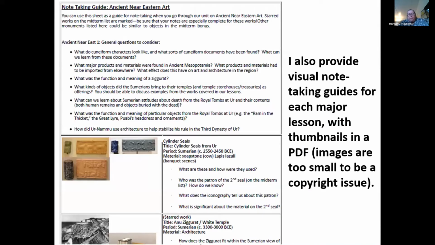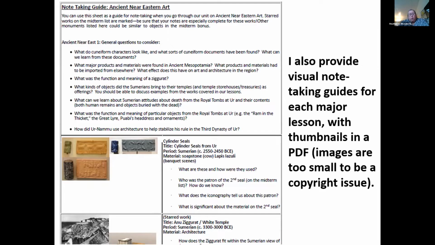So I also, for my students, create visual note-taking guides for each of their lessons. I tend to teach survey courses, so these are the 100 level beginner courses. And in those, I noticed over and over my online students in particular, who are mostly returning adult students, felt overwhelmed by the material.